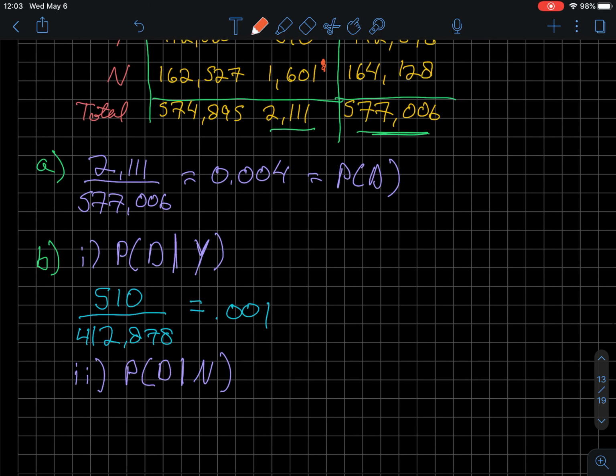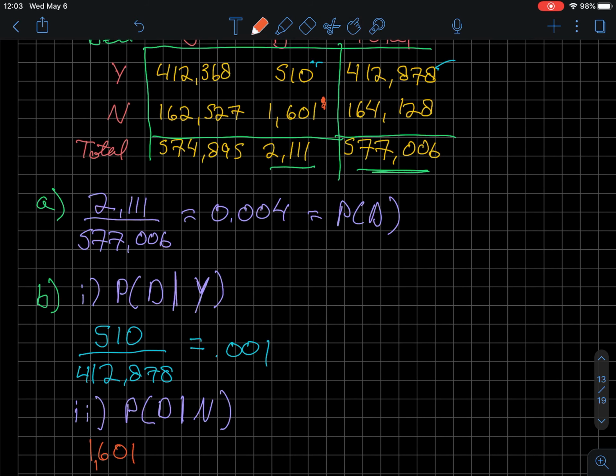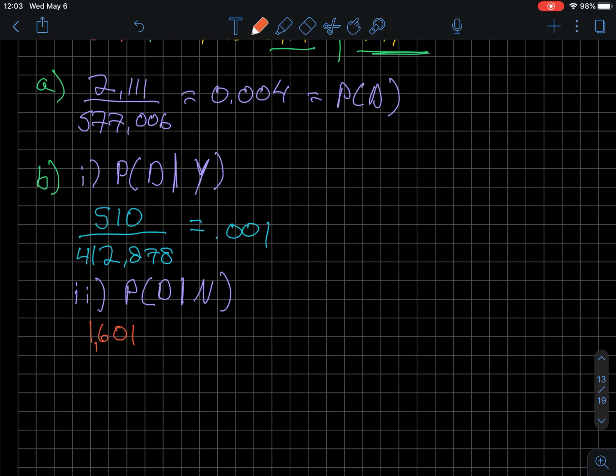So this is going to be 1,601, and we'll put a little comma there, out of total events, right? And that is right here. So the people who did not wear a seatbelt, total events, is out of 164,128.